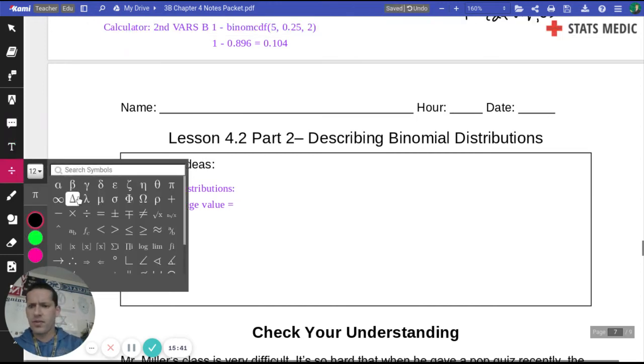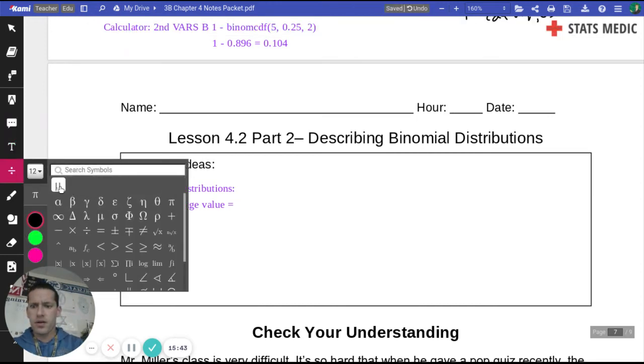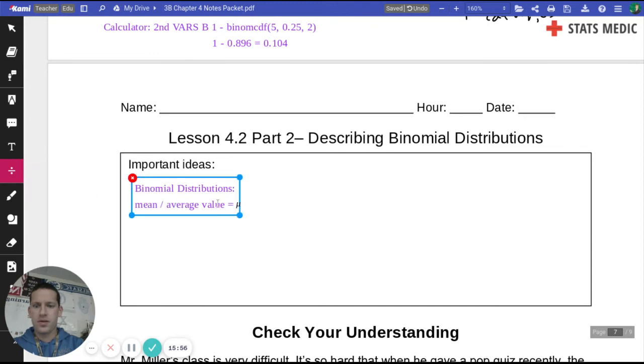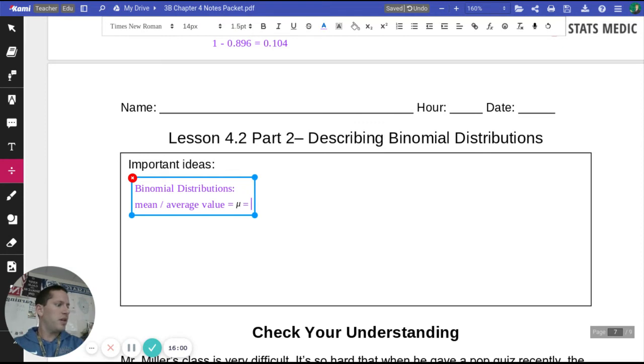Let's see if I can throw that mu in there. So that mu is going to be n times p.